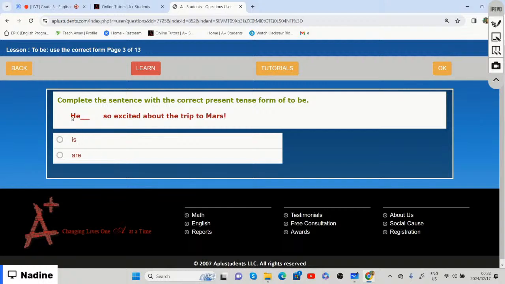All right, so now this is a singular form, right? And we need to complete the sentence with the correct present tense form. So, do we say he is excited about the trip to Mars, or he are excited about the trip to Mars? This is singular.